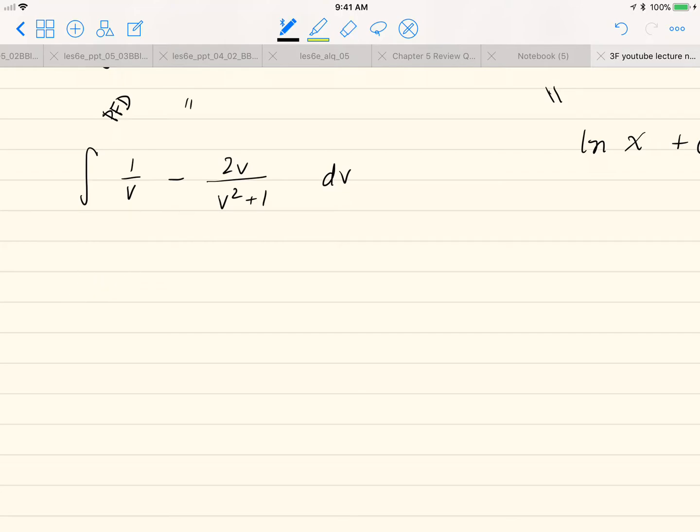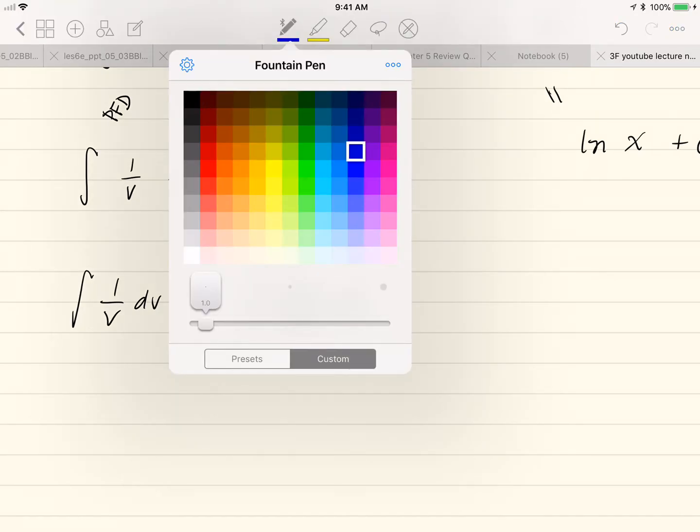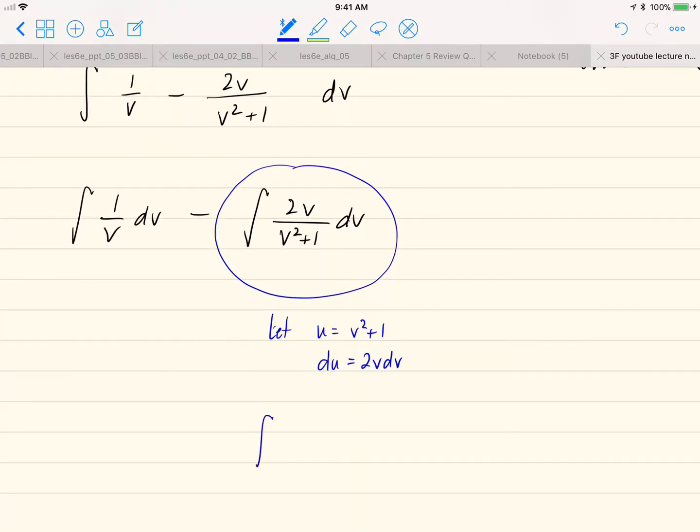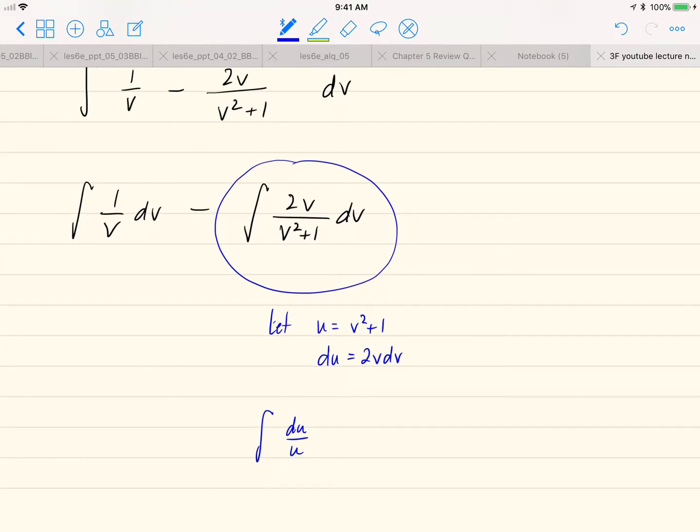Because we have the integral of 1 over v dv minus the integral of 2v over v squared plus 1 dv. So we can do u substitution for this integral right here. Let u equal v squared plus 1. Then du equals 2v dv. So this is going to just be the integral of du over u. So we'll get natural log of u, which is natural log of v squared plus 1.